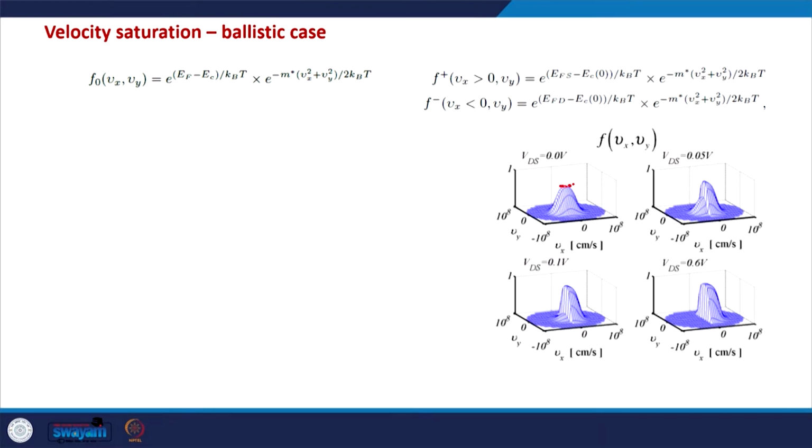that the height of this total distribution function has now increased on the positive side as we are increasing the VDS value, and at VDS is equal to 0.6 volts, there are no negative velocity components, because now the drain side is quite below this top of the barrier, and it is almost impossible for an electron to go from drain to the top of the barrier, and that is why there is no negative velocity distribution seen here.